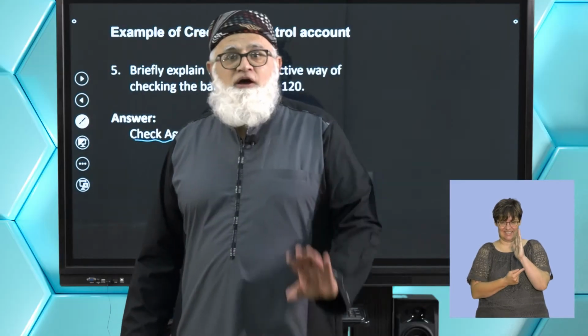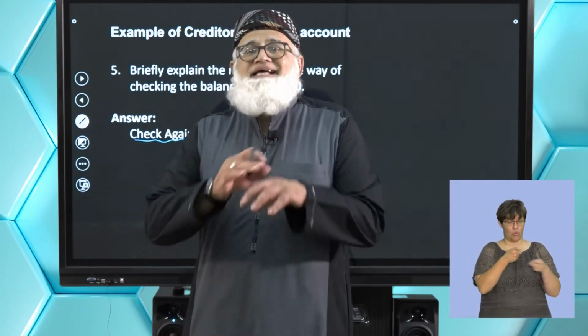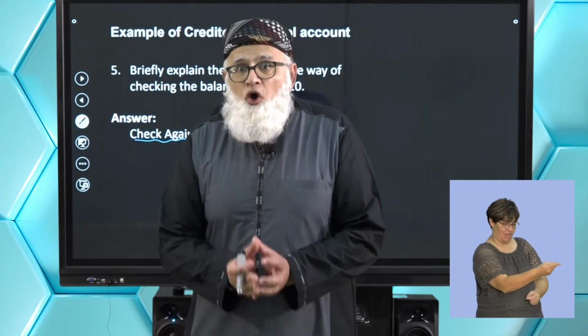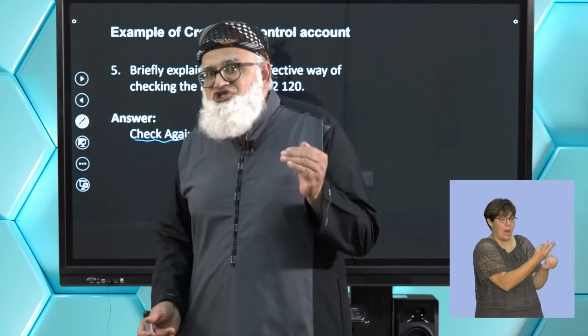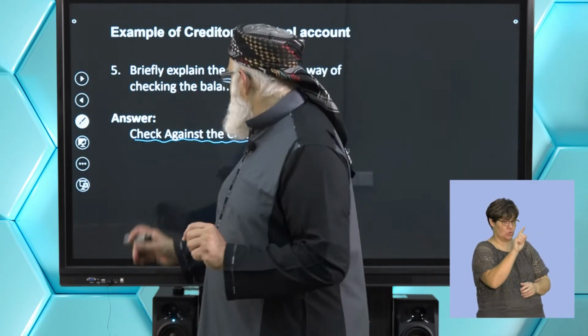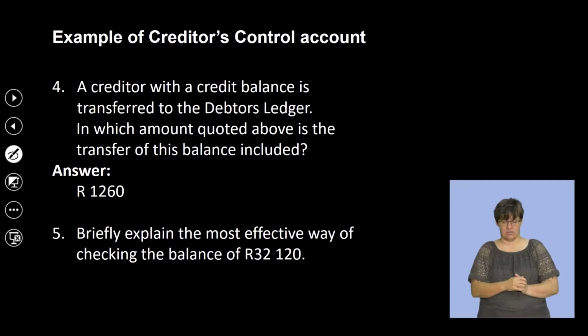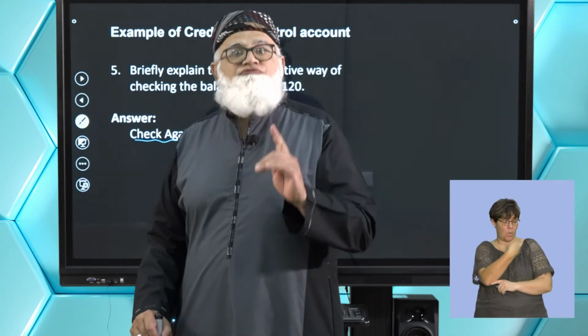Why? Remember what we said earlier on. The creditors control is a summary of all my creditors. So if I want to check the accuracy, I would take the 32,120, and yes, I would draw up a list of my creditors from where?